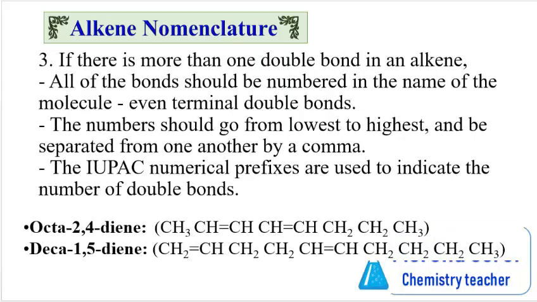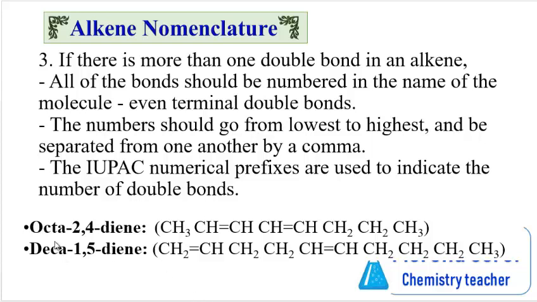If there is more than one double bond in an alkene, all of the bonds should be numbered in the name of the molecule, even terminal double bonds. The numbers should go from lowest to highest and be separated from one another by a comma. The IUPAC numerical prefixes are used to indicate the number of double bonds.